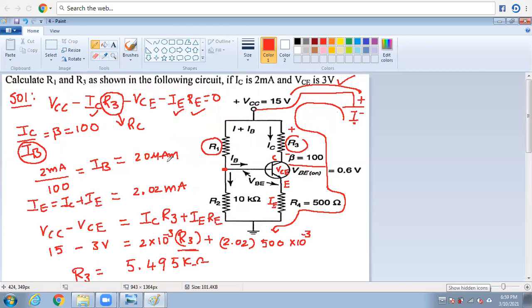Now we have to find the R1 value also. This can be treated as VBB, also called VB.